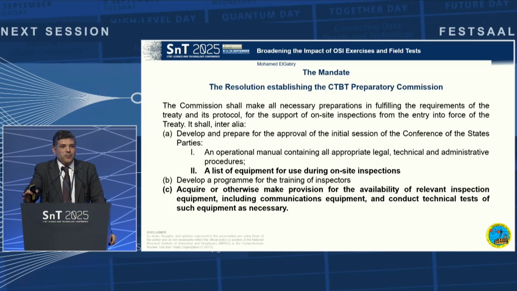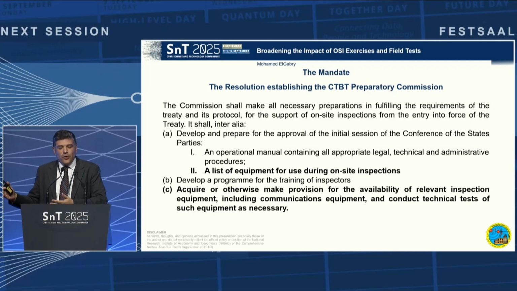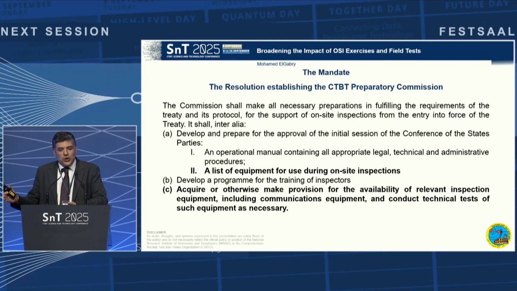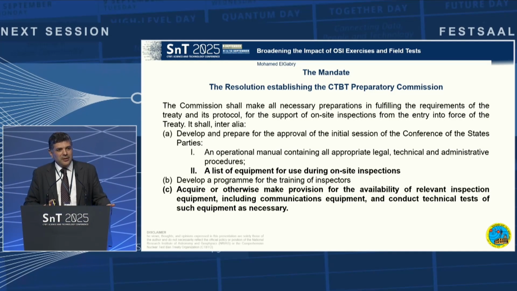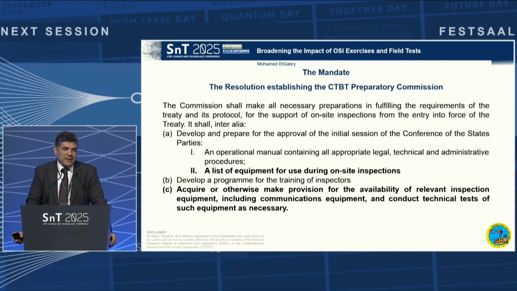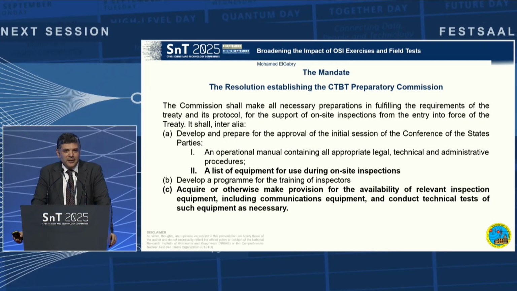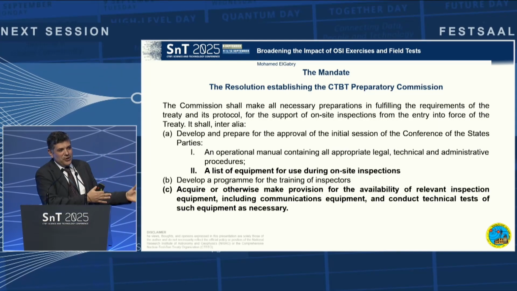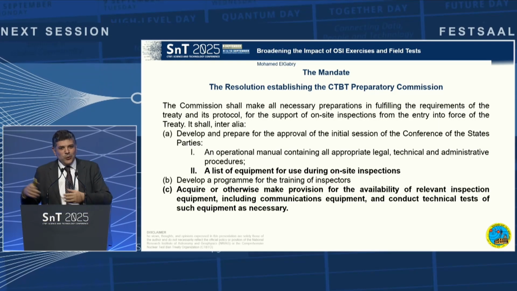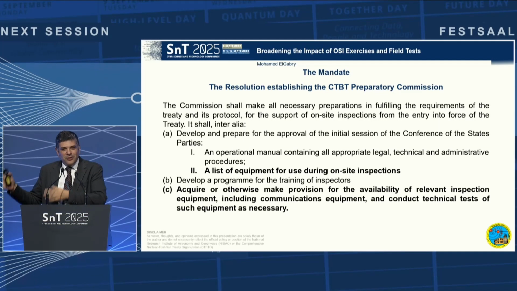We need to develop an operational manual that describes how we will conduct the inspection, and we have to develop a list of equipment which will be used to conduct the inspection. The second bullet is about training. We need to develop a training program that uses this manual and this equipment to conduct the inspection.